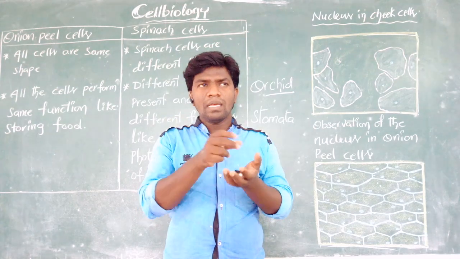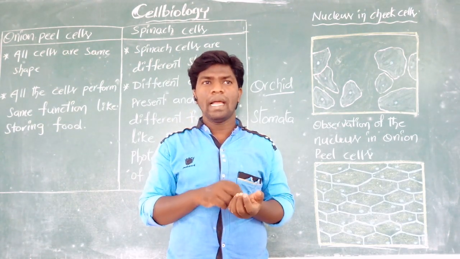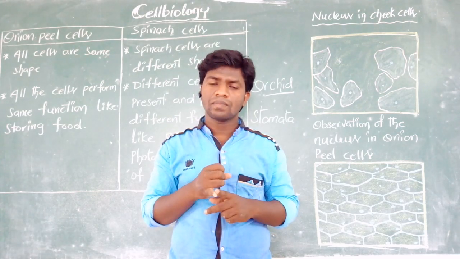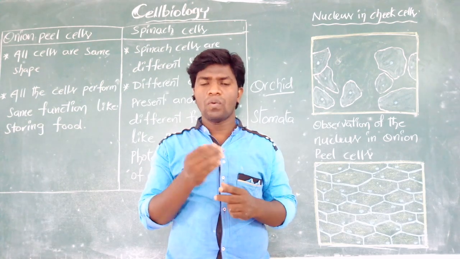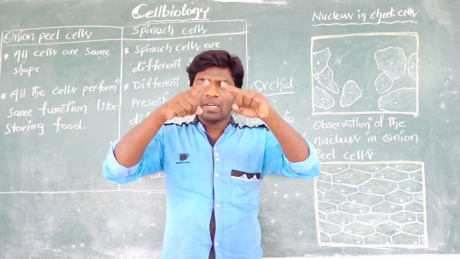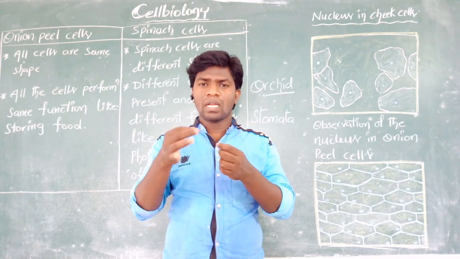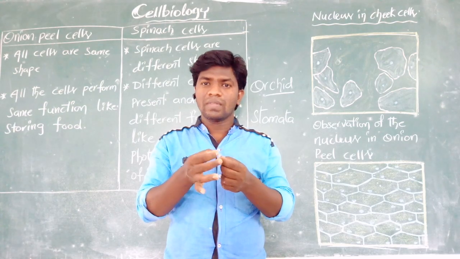Now keep this membrane on a slide and add 1 to 2 drops of safranin or methylene blue glycerin, and 1 drop of water. Then cover it with a cover slip. Why are we covering this slide with a cover slip?